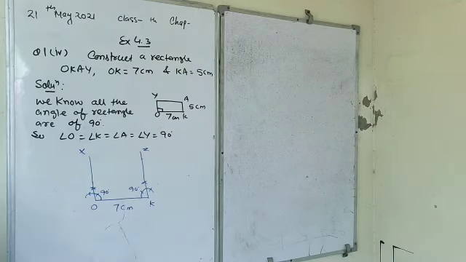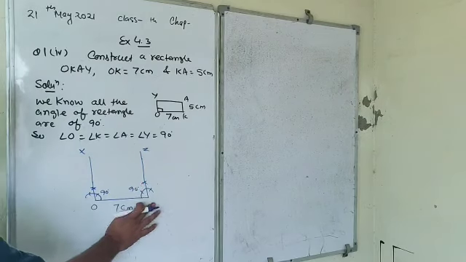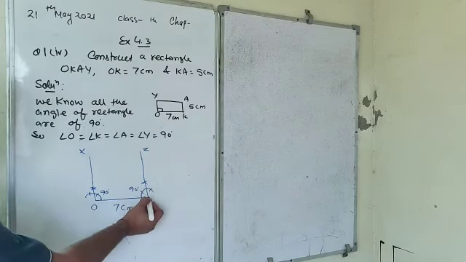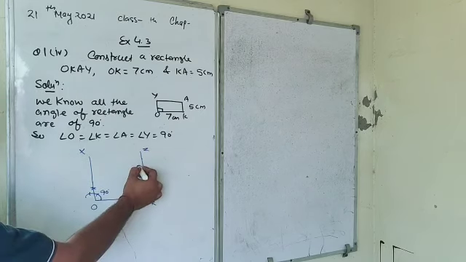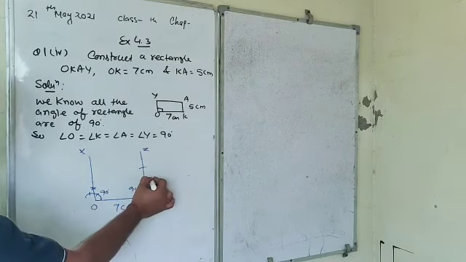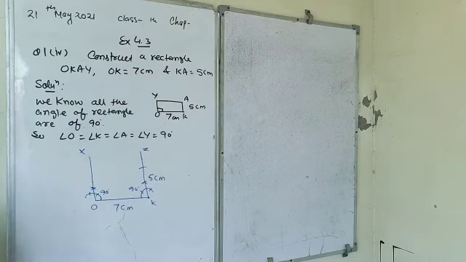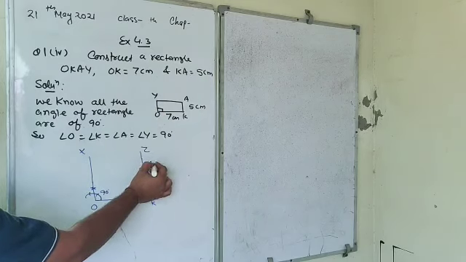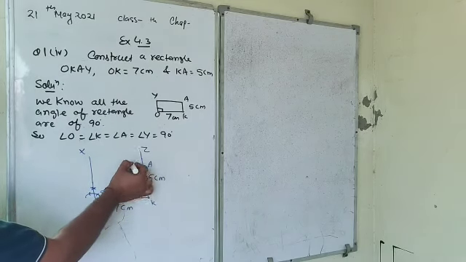Okay. Now open the compass of length 5 centimeter, make K as a center and draw an arc of 5 centimeter, which cuts the KZ at A. Now make A as a center and draw the 90 degree angle.